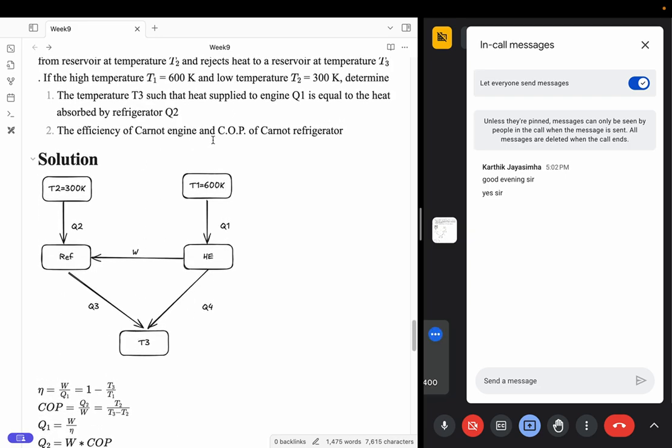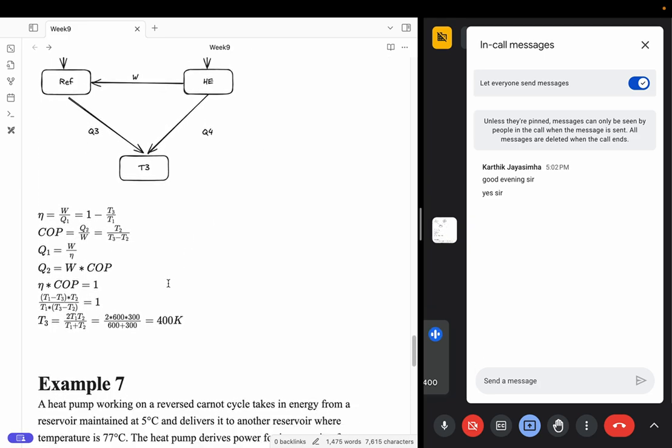So now what is the efficiency of the Carnot engine and the COP of the Carnot refrigerator? Now you already know T3, so you can substitute that back in the original equations to calculate eta and COP, so that is straightforward.